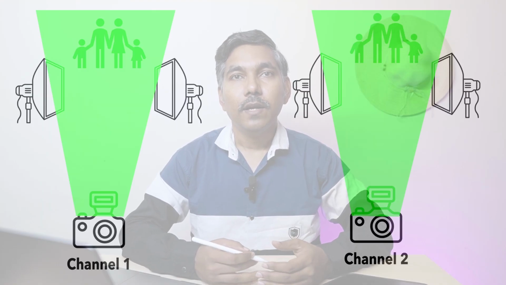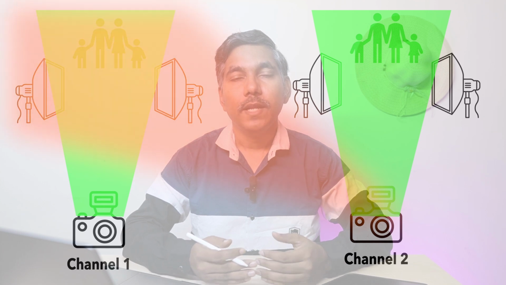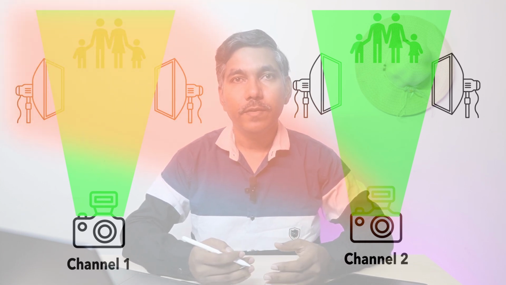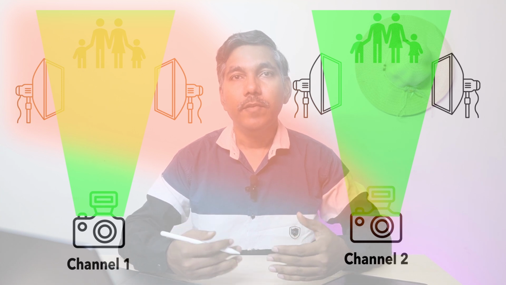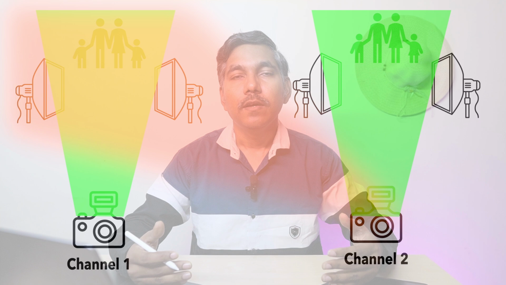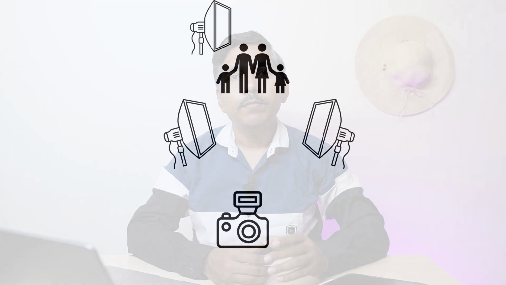Having channels enables more than one transmitter and more than one receiver in the same transmission range. Let's say in the same hall, there can be two photographers, each having their own trigger and their own off-camera flashes, without interference. Now, radio triggers can transmit the power level at which the flash has to fire. What do you do if you have more than one flash and they have to operate at two different power levels? Then comes the group.